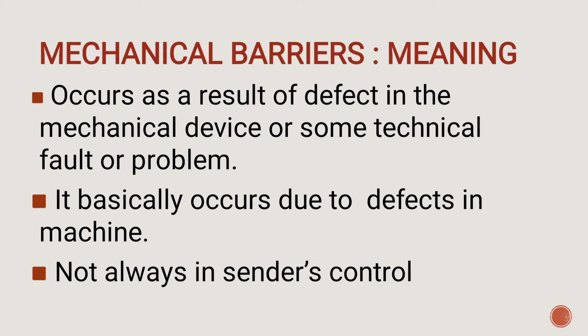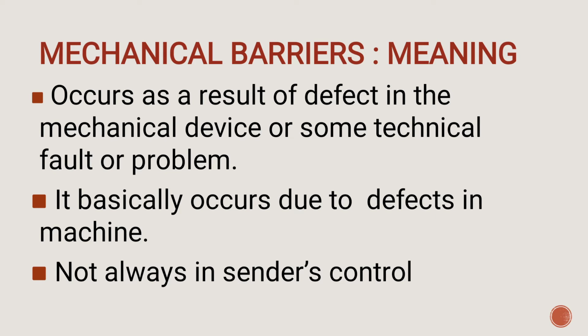So it is those machines which are referred here which we use during communication and not any other machine. Mind it well, students. So the machine, the system we will be using during communication, if there is any problem in that machine during communication, then that is nothing but a mechanical barrier. And it's not always in the sender's control.